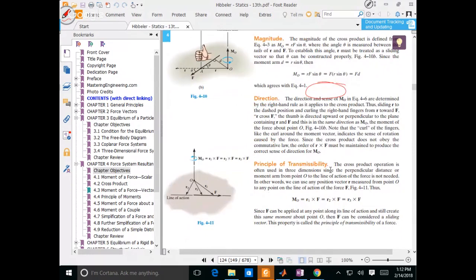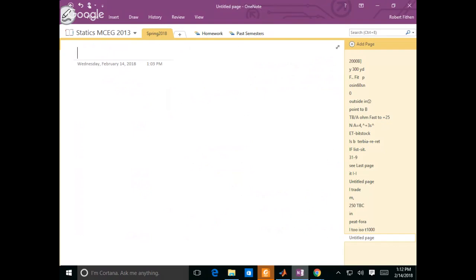So then he's talking about this principle of transmissibility, which actually he should have done earlier, but let me just address this. I'll make up a problem and we'll address something like that. So let's say we had a vector goes out here.